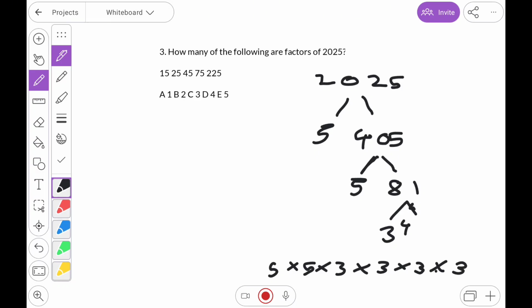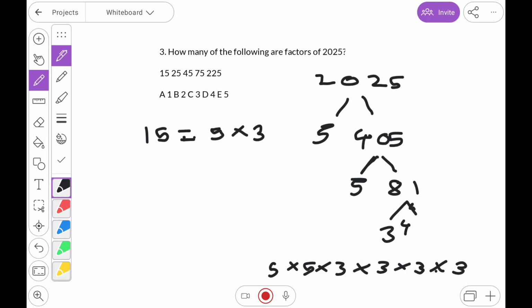That's very long, but it's basically 5 squared times 3 to the power of 4. So let's take our options. 15. 15, we know, is 5 times 3. I'm using 5 and 3 because, well, we are using 5 times 3 in our factor tree, so why not use it here too?